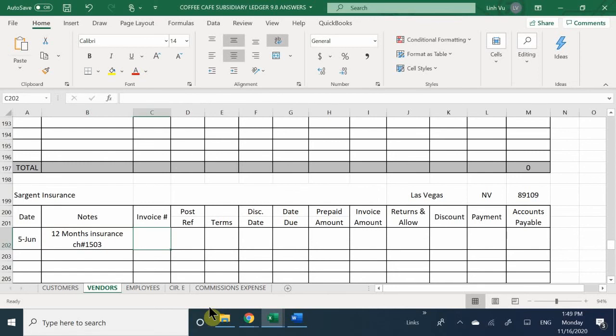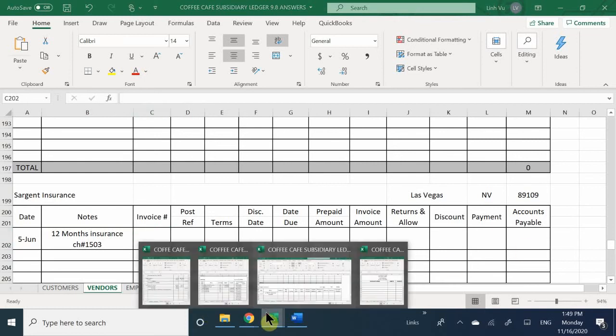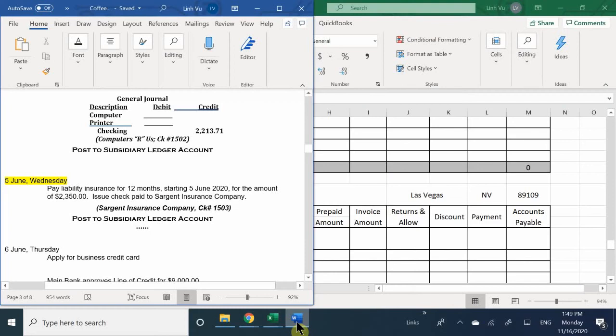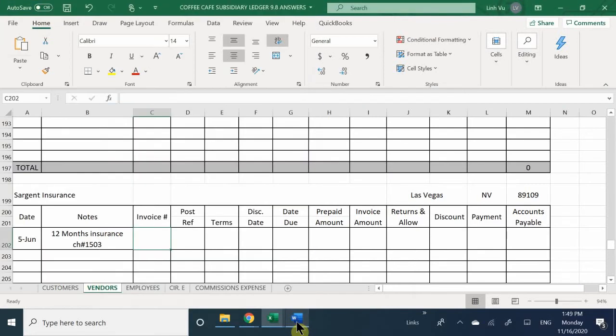All right, so the first thing is, did you have an invoice number? Most contracts will not have an invoice number, but for this scenario, I did not include it, so don't worry about that. Post reference is going to be your General Journal number 1. Of course, when you buy insurance, they don't give you terms or discounts, so we can skip that.